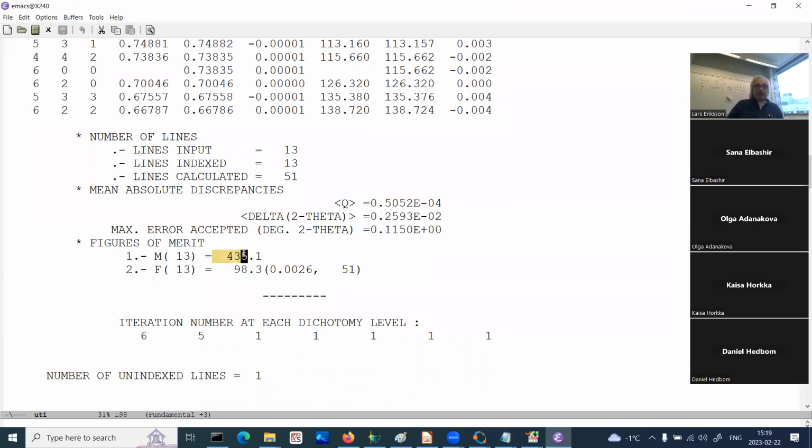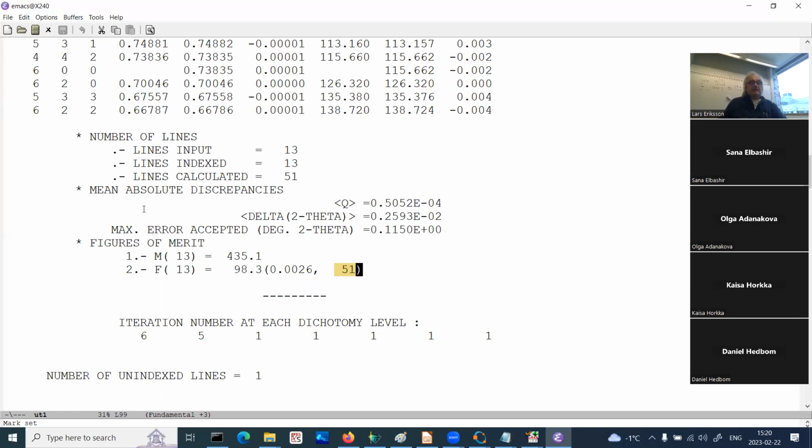Here we got a figure of merit of 435. Very high. There are 51 calculated lines up to 13 observed. That is strange.